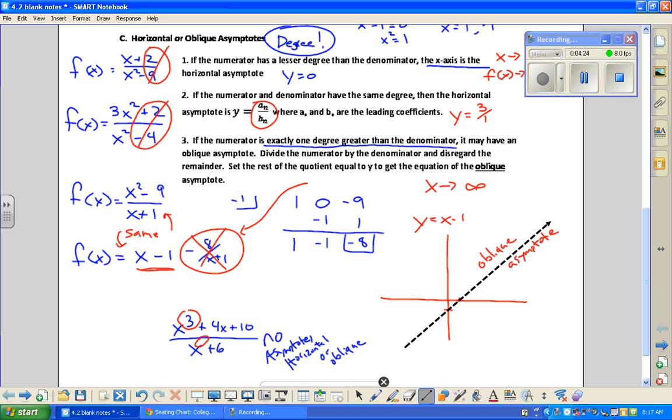And so instead of the graph getting flatter and flatter, it would get closer and closer to that line as x gets big or small. So it might do that on one side, and it might go like this over here. It's slanted, but the graph is still going from a curve to approaching that flat line.